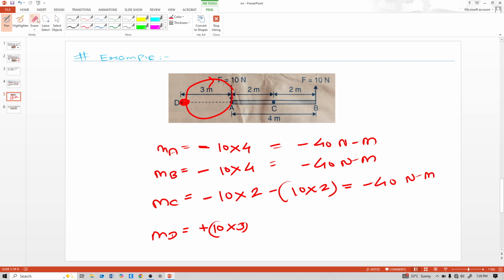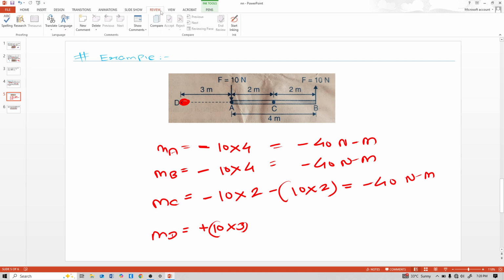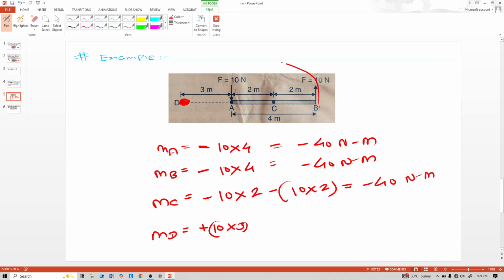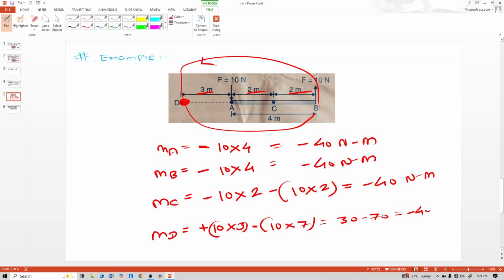And this 10 is anti-clockwise. So it is minus 10 into 2 plus 2, 4, plus 3, 7. So minus 10 into 7. So 10 into 3 is 30, minus 10 into 7 is 70. So it is minus 40 Newton meter.